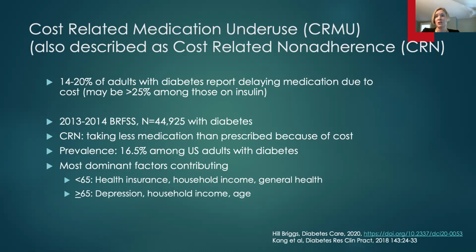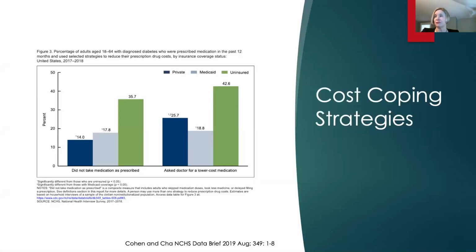And factors associated with this cost-related medication underuse were health insurance, household income, and general health for those under 65, with depression, household income, and age being more prominent factors for those greater than or equal to the age of 65.